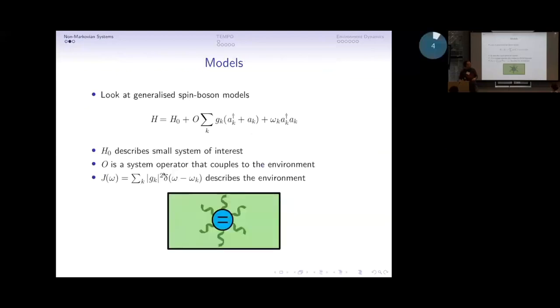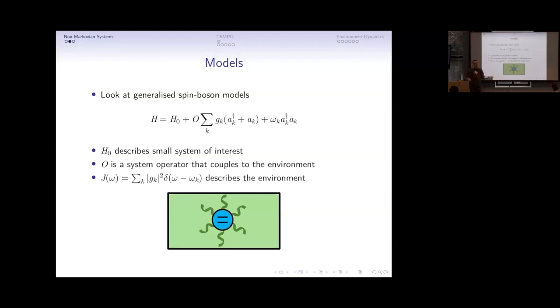There we go. Okay, so the generic model which we're going to think about for everything that I'm going to talk about today is a generalized spin boson model. So in the language of solid state physics, we have a system which has some Hamiltonian H0, and then it's coupled to a harmonic bath.